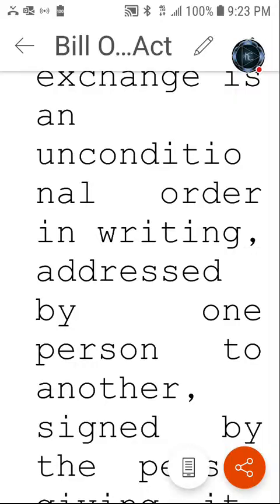That's why they have some protections, the people who are acting in this manner. This bill of exchange somewhat gives them the authority to act.